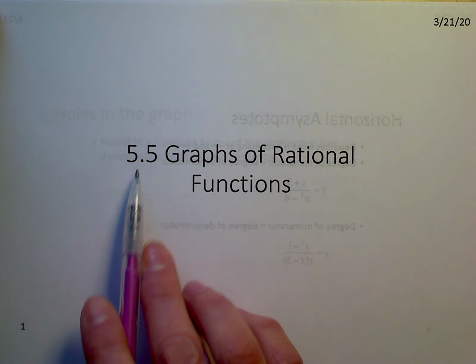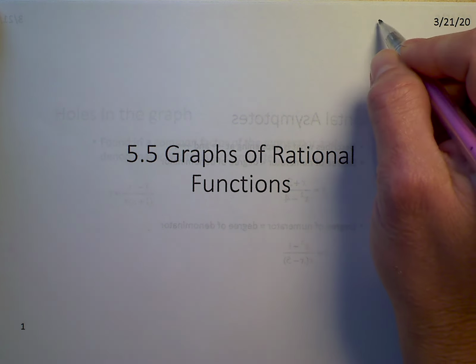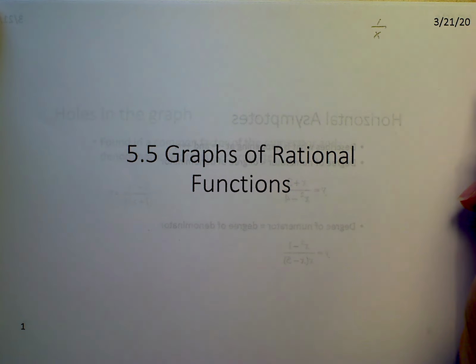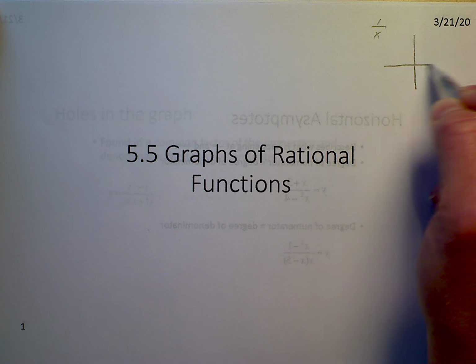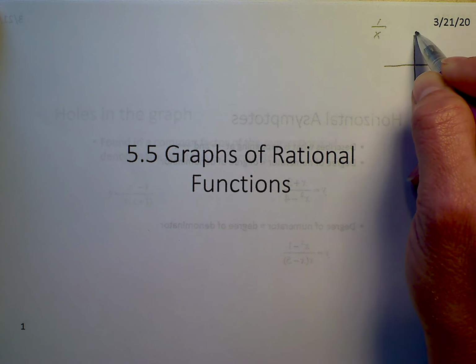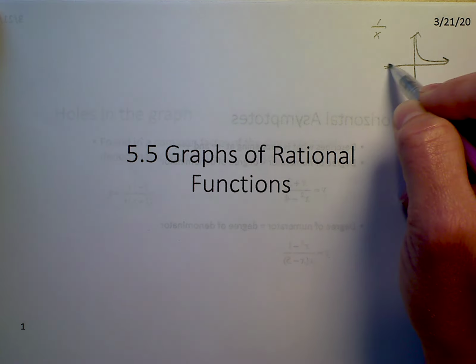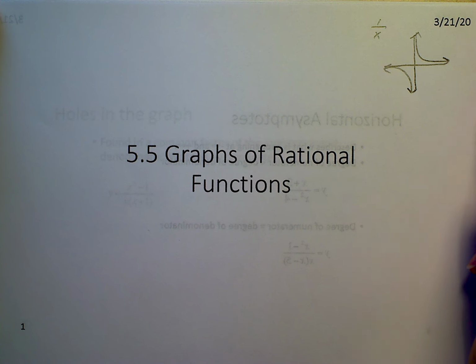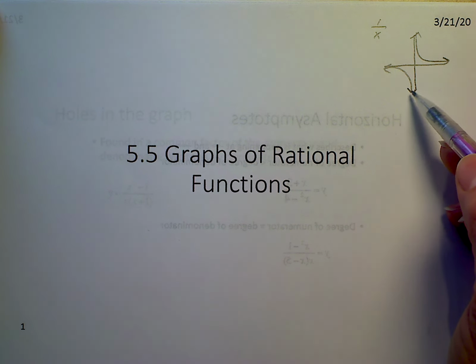Section 5.5 is about rational functions. Remember our rational function 1 over x that you memorized how it looked when we were flopping our arms? And we had to do a yoga pose to do this one. You had one in the first quadrant and the other one in the third quadrant. There were different things about this function that we needed to know.